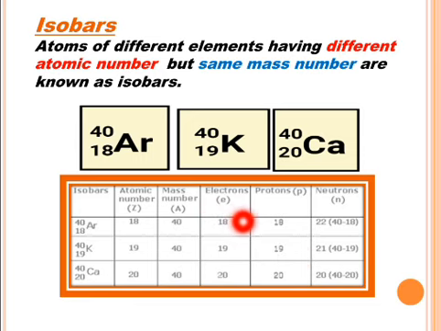Argon has 18 electrons, potassium has 19 electrons, and calcium has 20 electrons. So in this way we can calculate the number of subatomic particles in isobars.